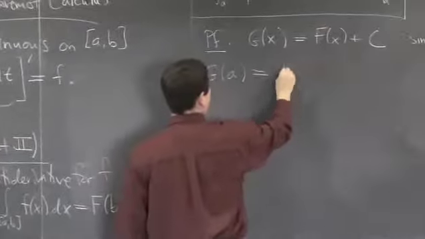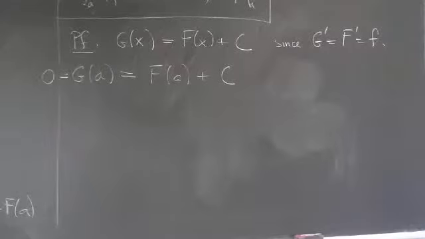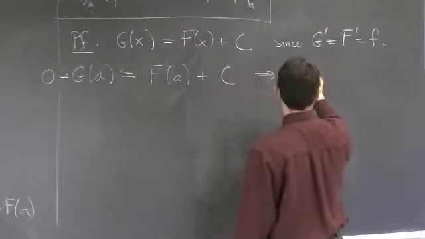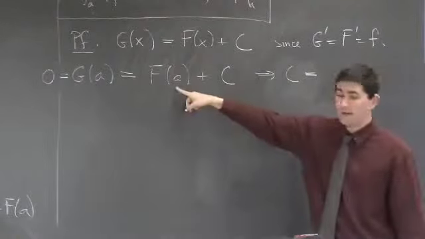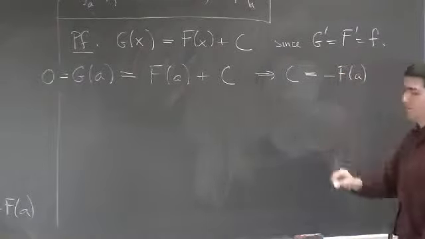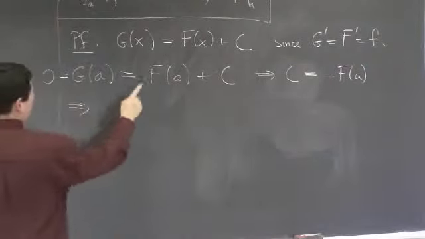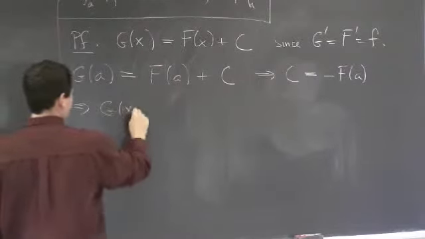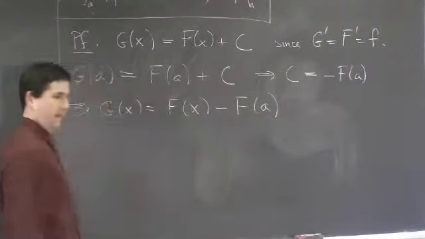On the other hand, it's equal to f of a plus c. So what does c equal? C definitely does not equal 0. C equals negative f of a. F of a plus c is 0, so c is negative f of a. Okay. So instead of writing this top expression, I now know that g of x equals f of x minus f of a.